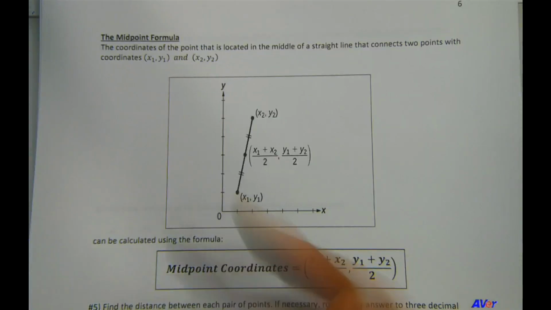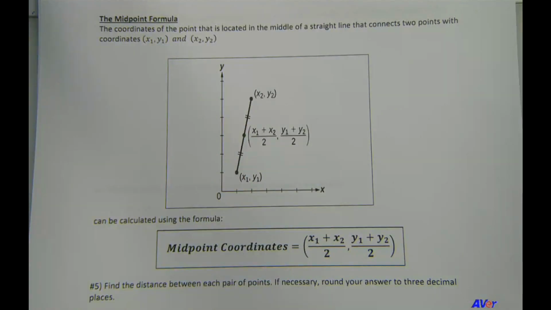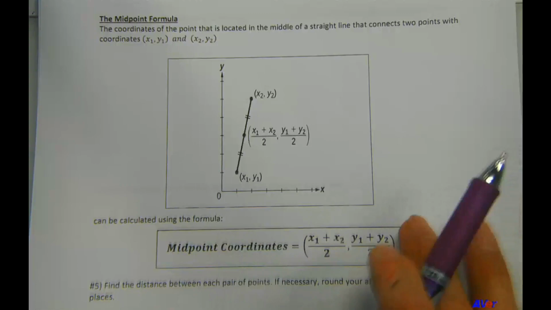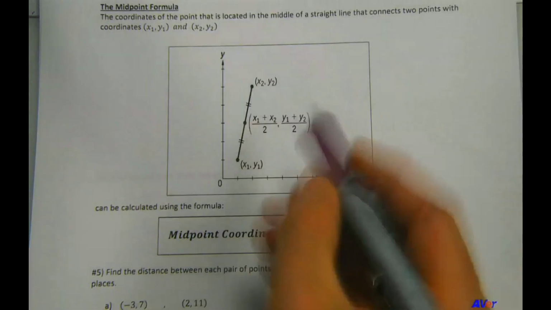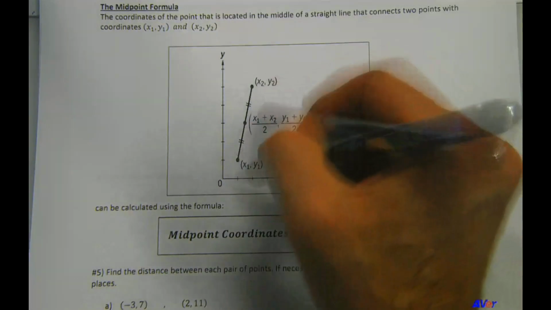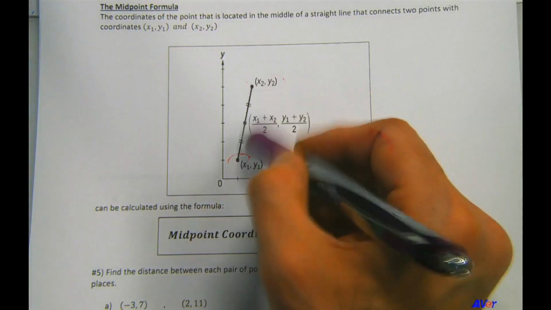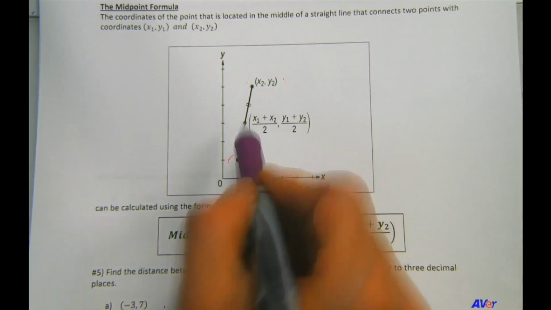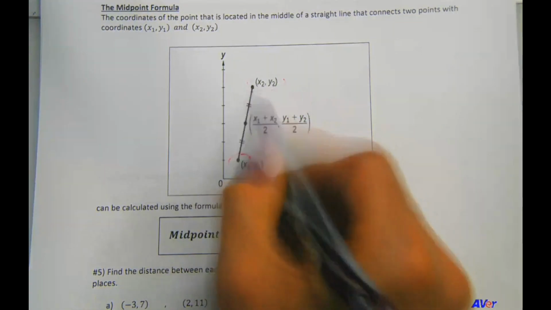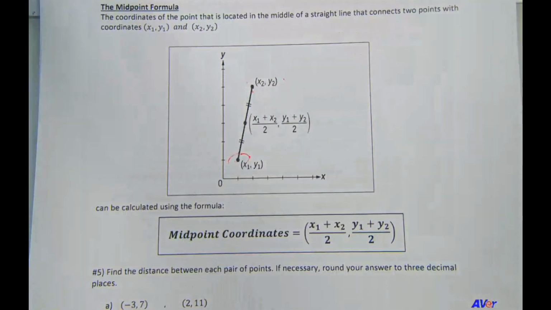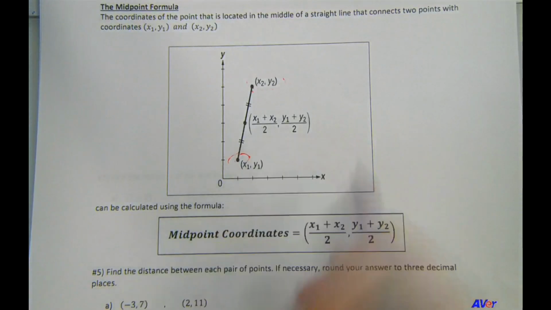The other formula we need to remember is the midpoint formula. The midpoint formula is if you have a straight line and you have 2 points and you want to know the coordinates of the middle point between those 2 points, you use this formula to calculate it.